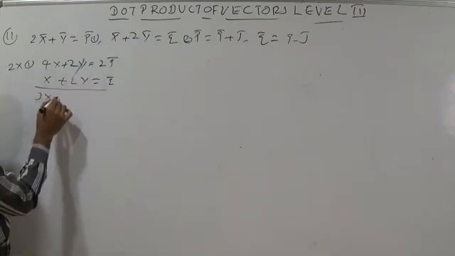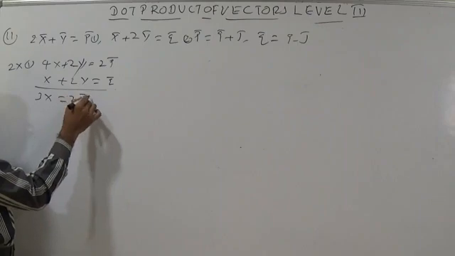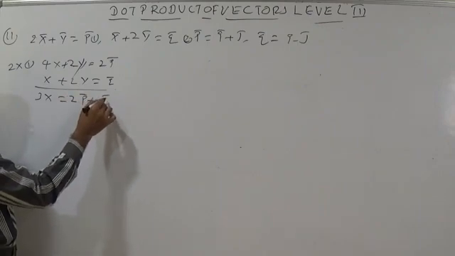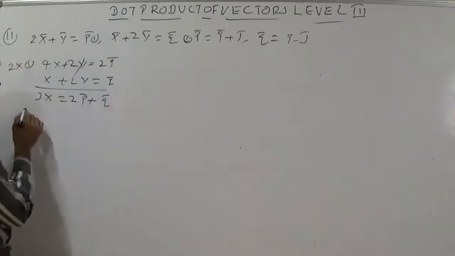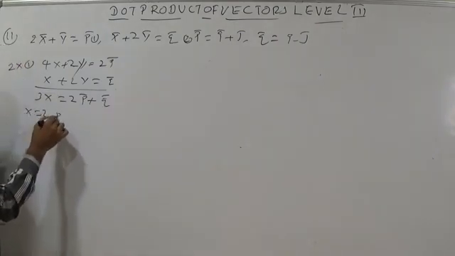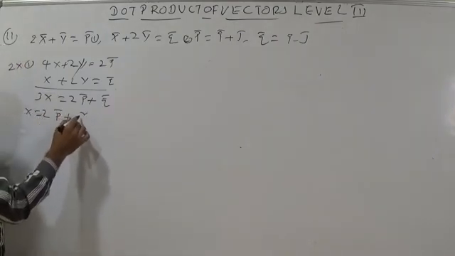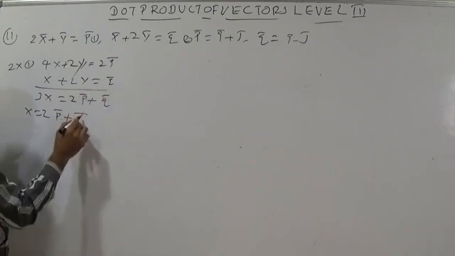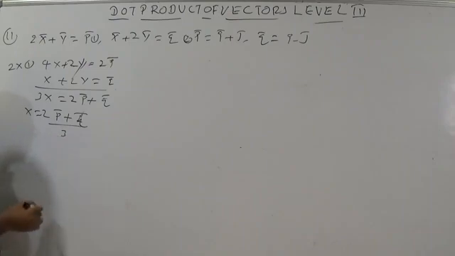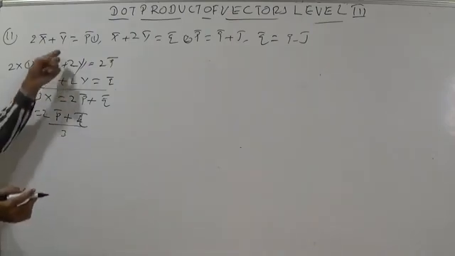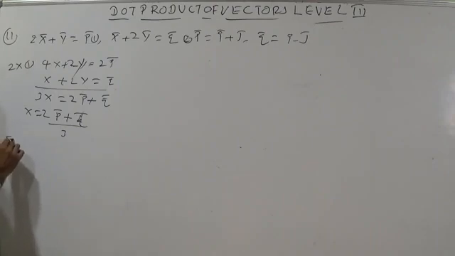It becomes 3X is equal to 2P bar plus Q bar. X is equal to (2P bar plus Q bar) whole by 3. This is X. If you substitute the value from 1, you should get Y also.